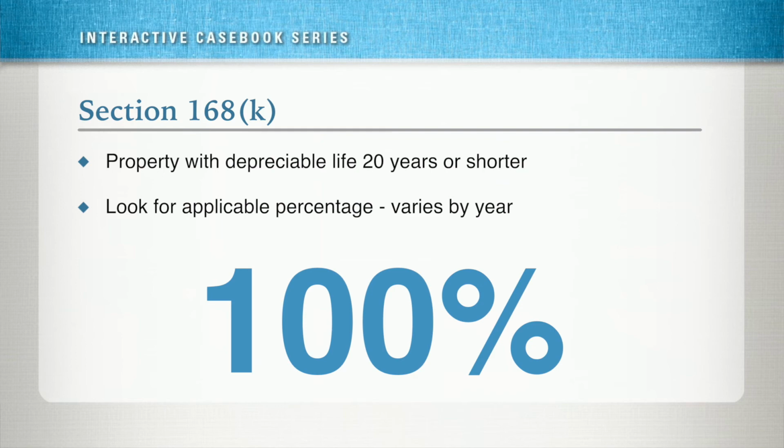Yes, I said 100%. Now I know what you're thinking. Why did you make me watch this video if 100% of an asset can be depreciated in the first year? The reason is because this provision doesn't apply to assets with a class life greater than 20 years, for example, real estate, and the 100% bonus depreciation is phased out between 2023 and 2026.